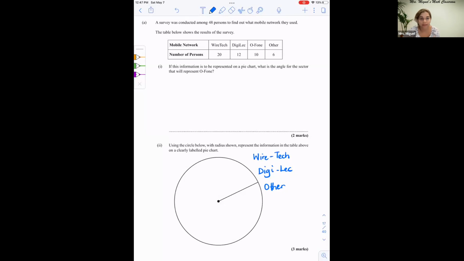All right. If the information is to be represented on a pie chart, what is the angle for the sector represented O4? There are 48 persons in the survey, so for O4, the sector angle representing O4 is 10 over 48 multiplied by 360 degrees.